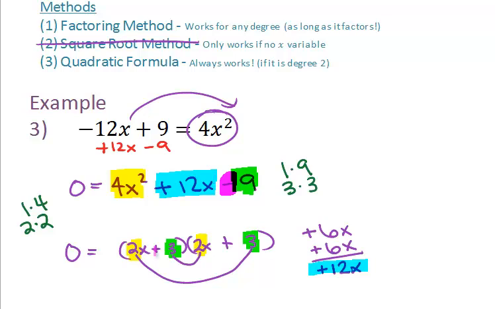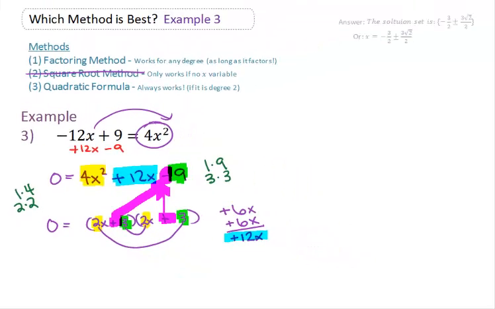And if I double check my last, my positive 3 times my positive 3, that would give me a positive 9. And there's no way I can switch the signs to make that appropriate, to give me a positive 12x in the middle and a negative 9 at the last. So even though at first glance this looked like it factored in this way, it does not.